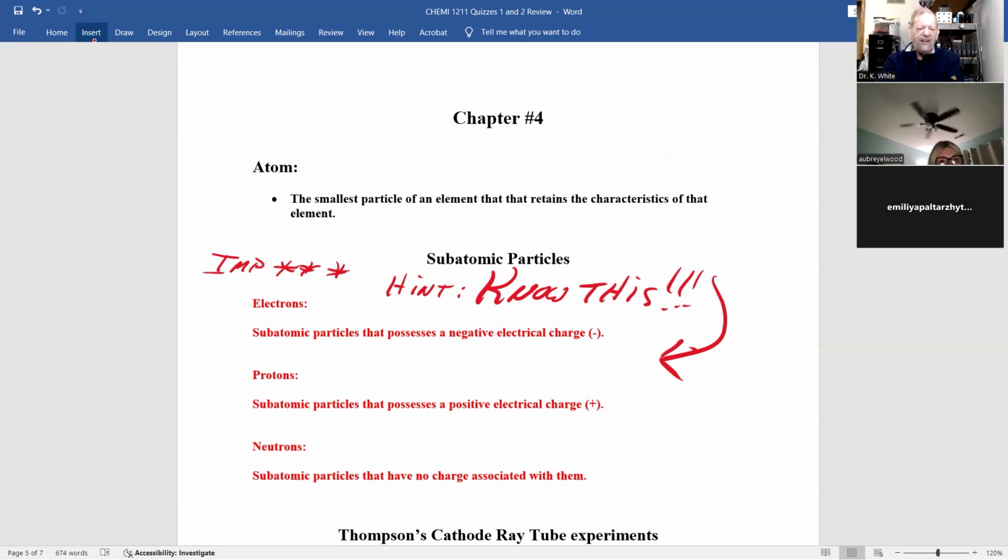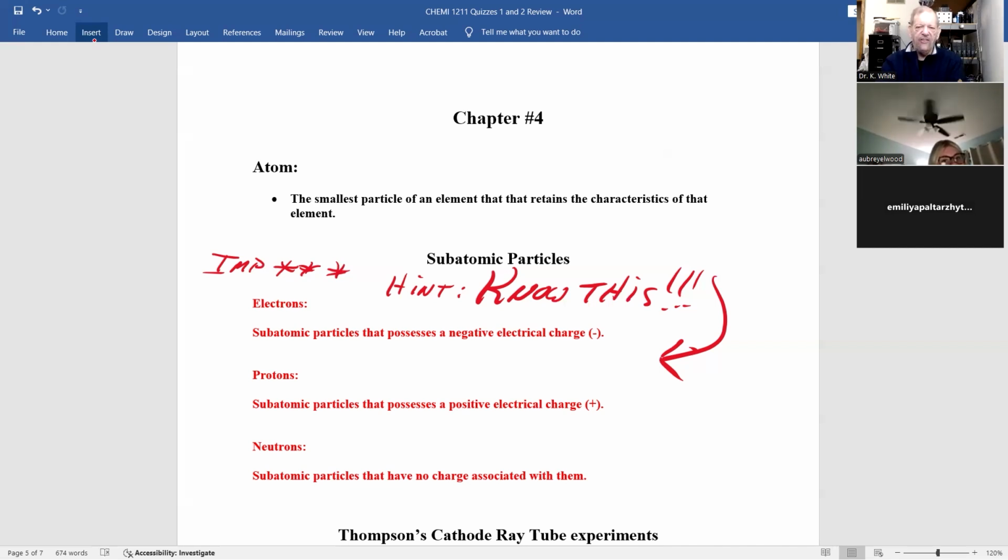And the first one is an electron. An electron is a subatomic particle that possesses a negative electrical charge. It's a minus. Next, protons. Protons are subatomic particles that possess a positive charge. And neutrons are subatomic particles that have no charge associated with them.